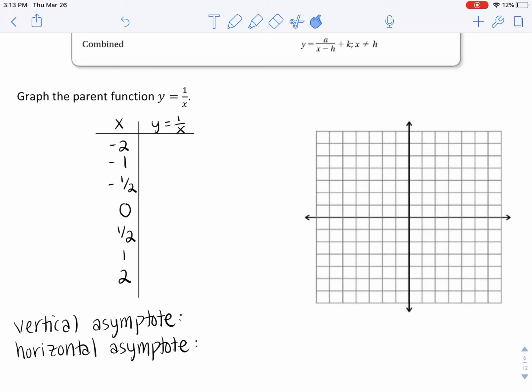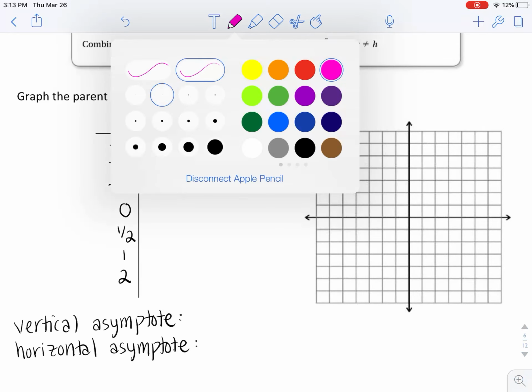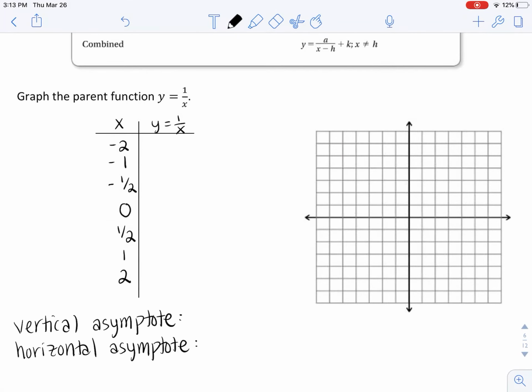If we substitute negative 2 in, our y value ends up being 1 over negative 2, or negative 1/2. If we substitute negative 1 in, 1 divided by negative 1 is negative 1. 1 divided by negative 1/2 is negative 2. 1 divided by 0 is undefined. This is what gives us that vertical asymptote of x equals 0.